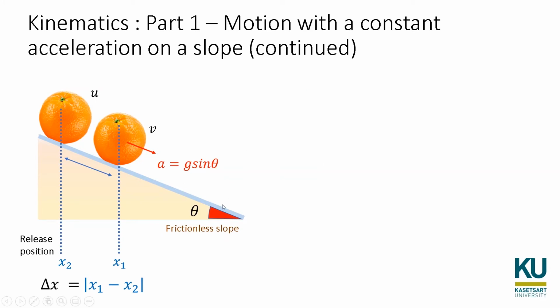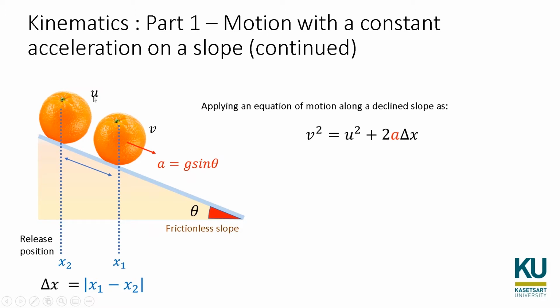Here we have different positions like x1 and x2. The change of the position causes the displacement. Originally the orange has the initial velocity, and it changes to the final or terminal velocity according to the acceleration.